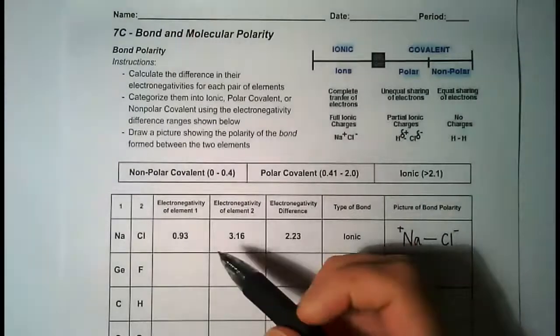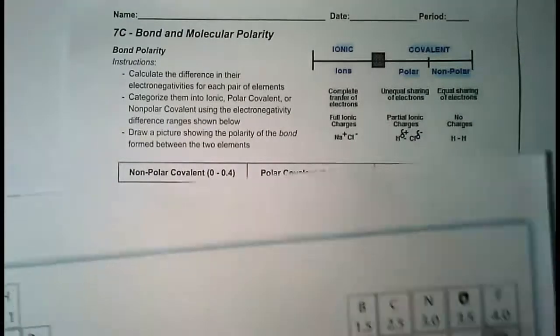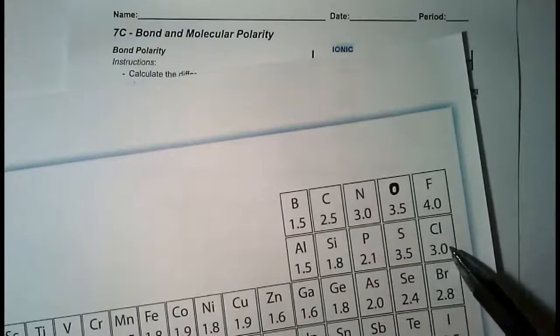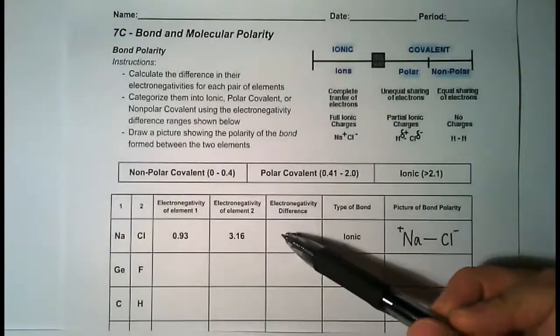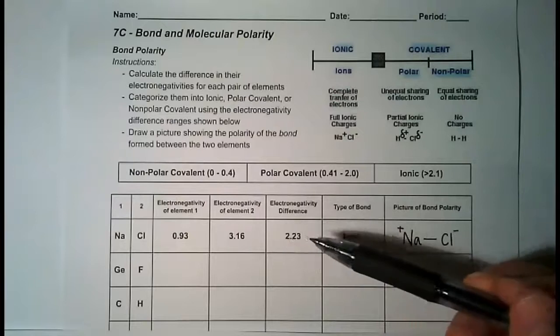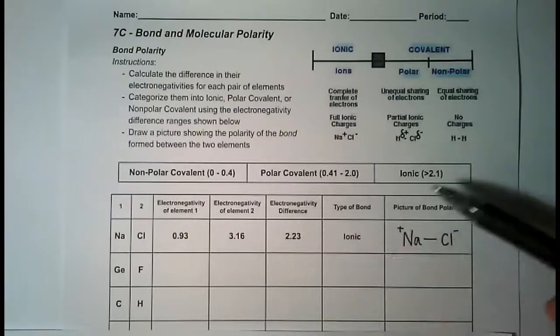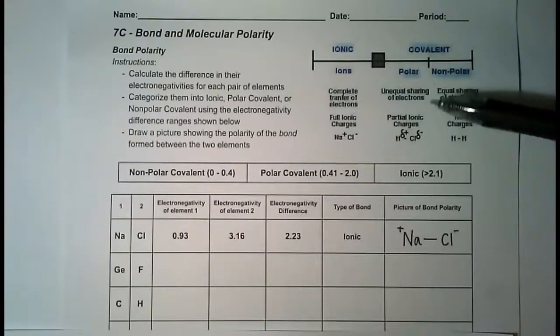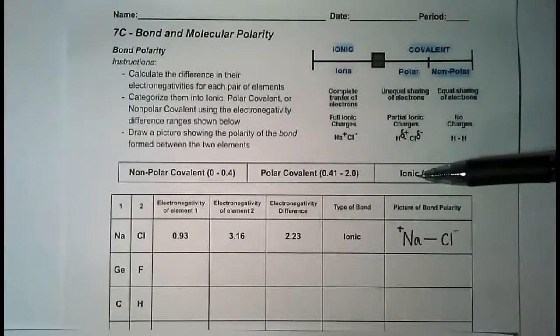So 0.93, and then chlorine has an electronegativity of 3.0, or 3.16 on this periodic table. The difference is about 2, which if we look at our chart up here, if it's greater than about 2 or 2.1, it is classified as an ionic bond.